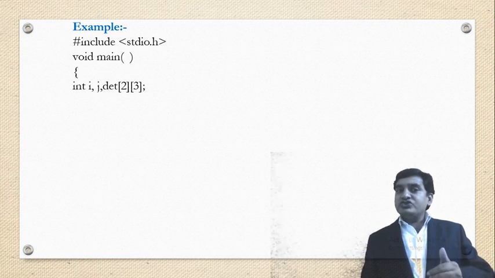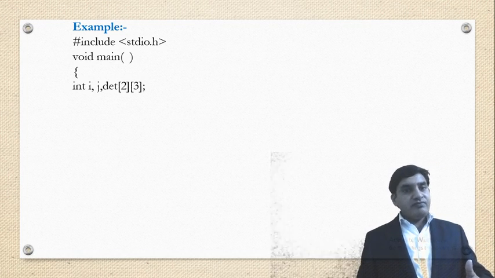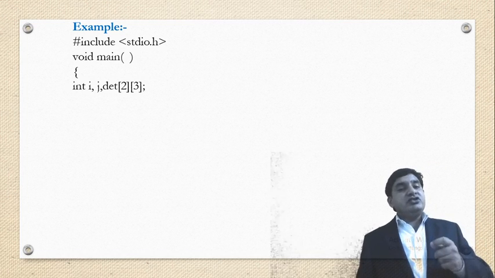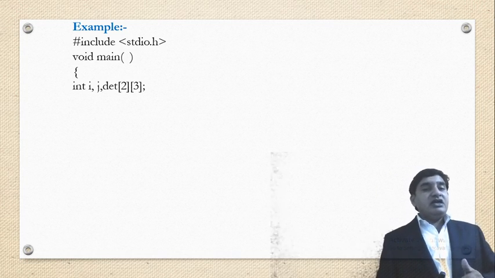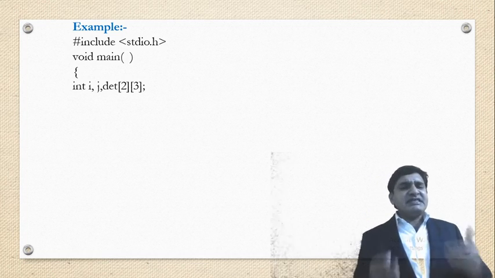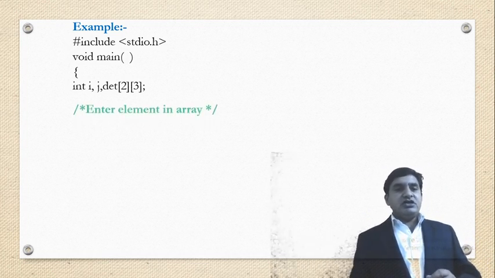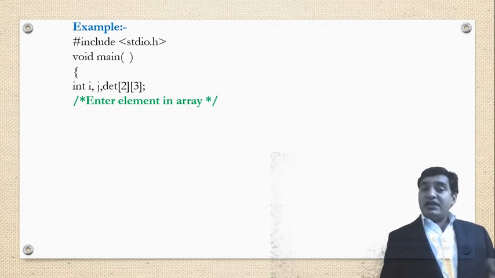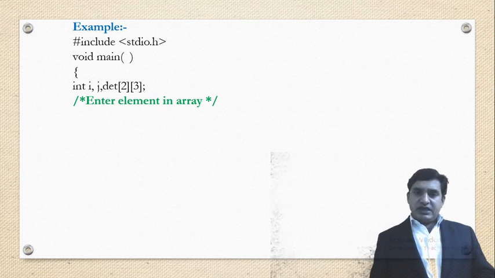We use the data type integer because in this two-dimensional array all elements are integers. There are 6 elements and all these 6 elements are integers. Then we have to enter the elements in the array.